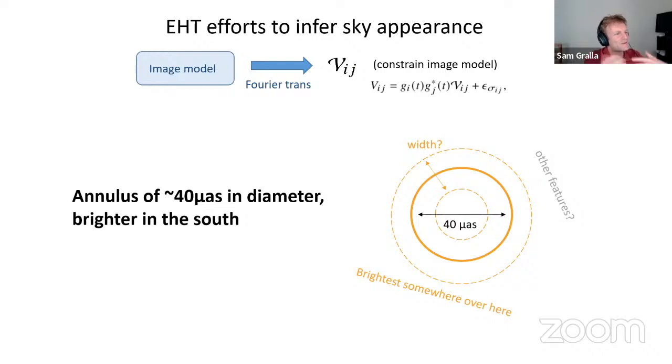From this first measurement, especially of Sagittarius A star, it's very hard to do that because of the challenges involved with the source. But I think the mentality has shifted, and probably in 5 or 10 years, as there's more data and more people thinking about it, we really will start to see the data used to distinguish between astronomical models in an interesting way. I don't think it's there yet, but that would be super interesting.